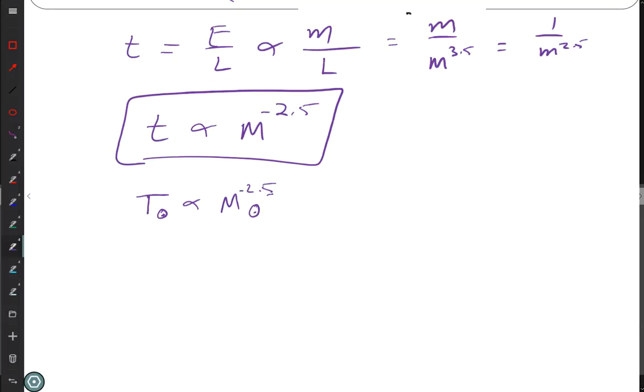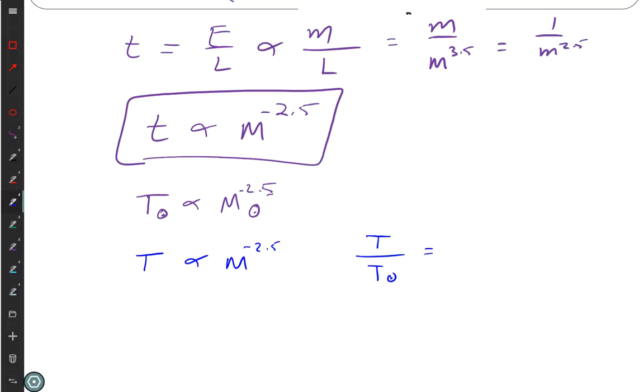And now I can go to any other star and say the time for some other star is proportional to its mass to the minus 2.5 power. And if I divide these, actually I'm going to divide it the other way. So time for this star divided by time for the sun is going to be equal, because of the proportionality, I can replace it with the equal when I divide them.